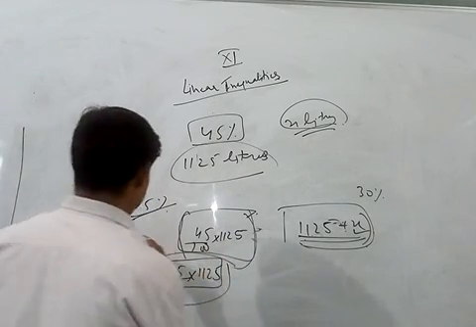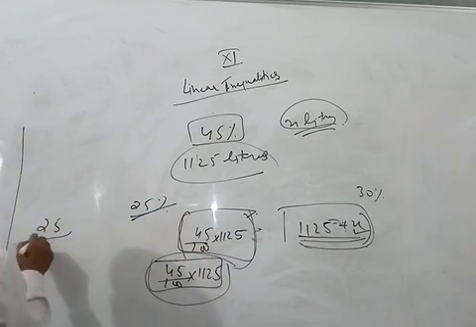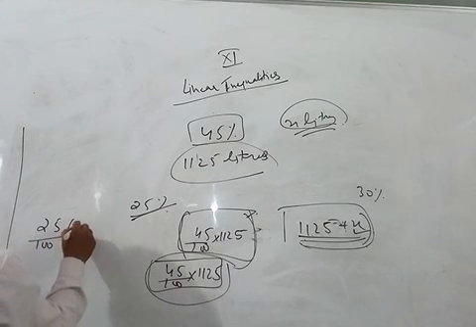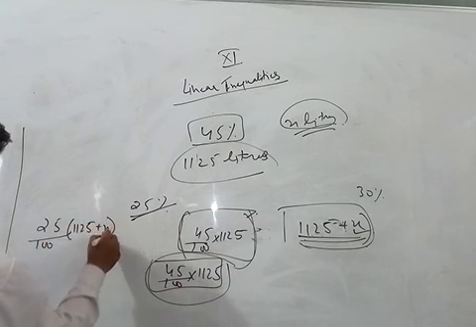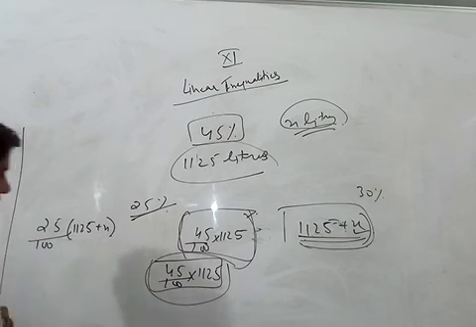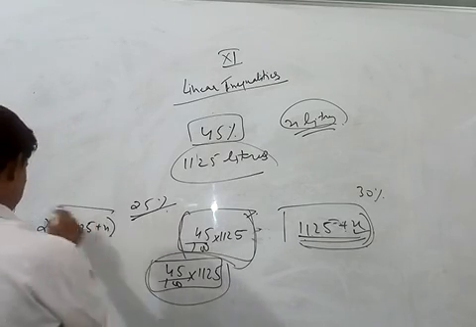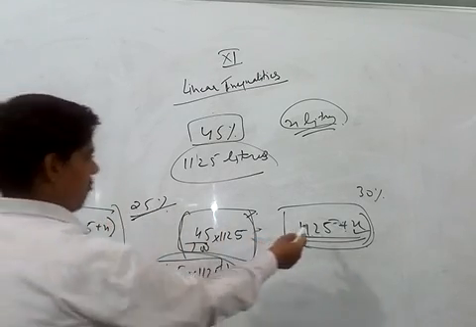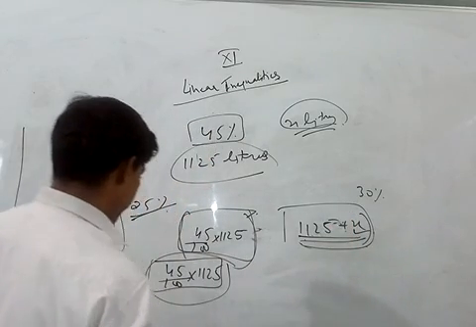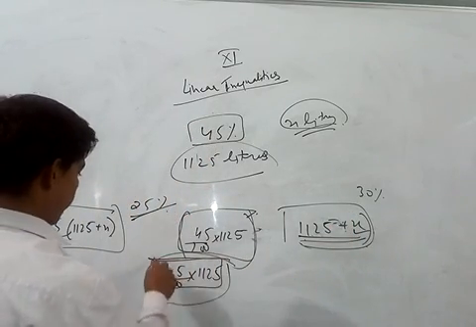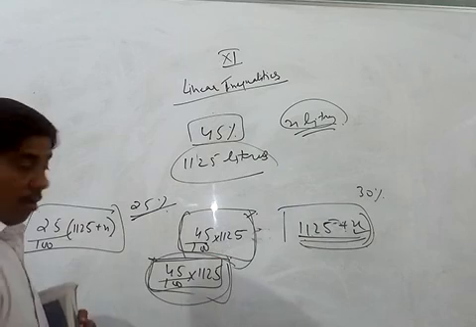So this 25% of 1125 plus x, this is the 25% of 1125 plus x, right? And this is the acid content we are having right now of the total number.